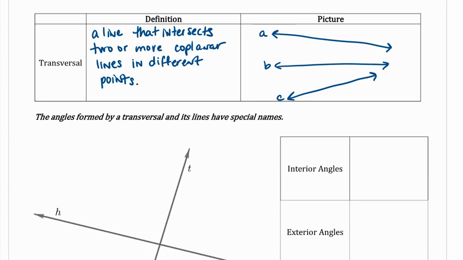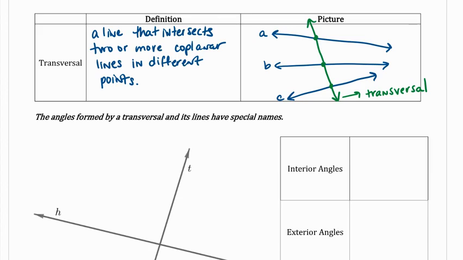Then I'm going to draw a transversal that intersects all three of those in different points. If I draw a line like this, that line intersects each of those lines in different points. So that is called a transversal. That's what a transversal is. It transverses those three lines is one way to think about it and to remember.